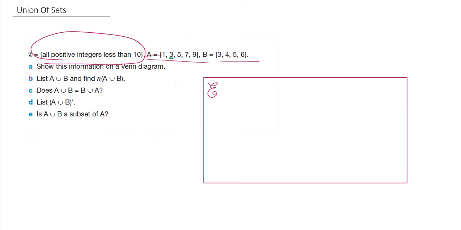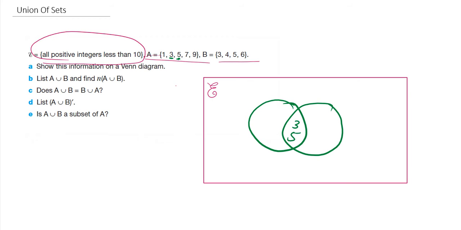3, 5. Yeah, that's it. So we have to make that overlapping and write the rest in their own respective sets. 3 and 5, 1, 7, 9, 4 and 6, yeah, that's it. Okay, we do have all of these sets.